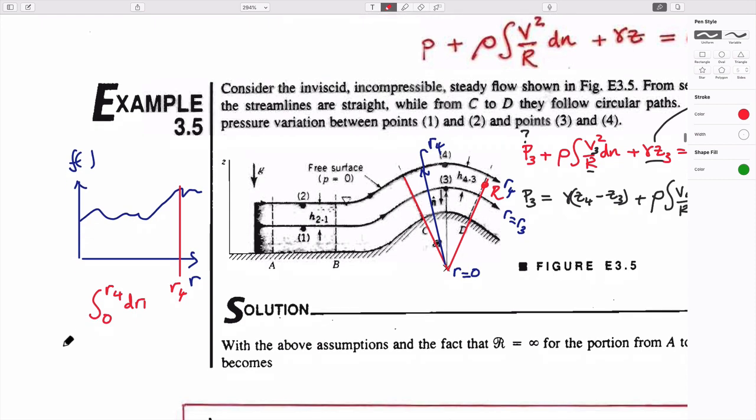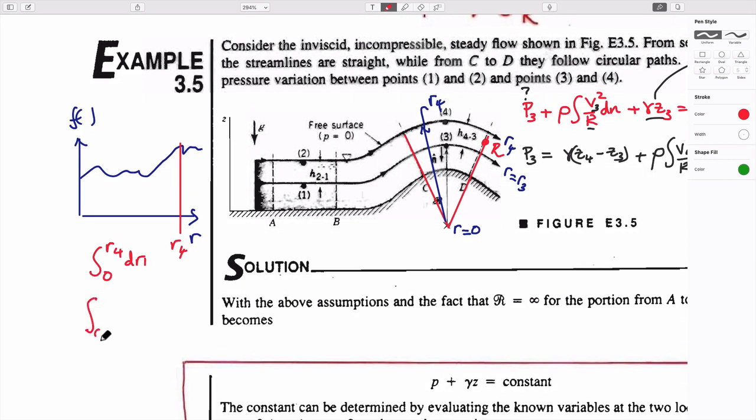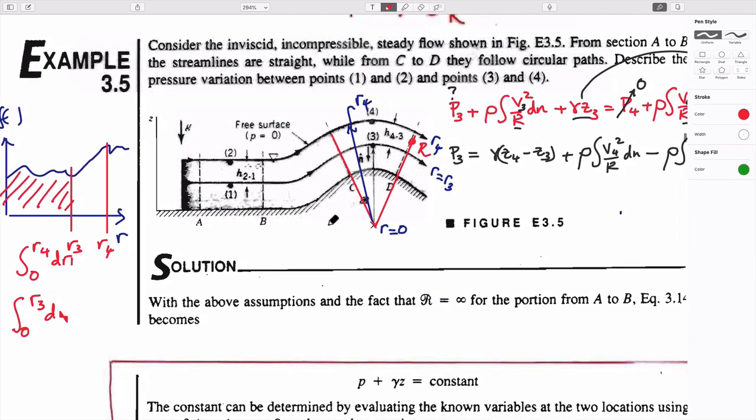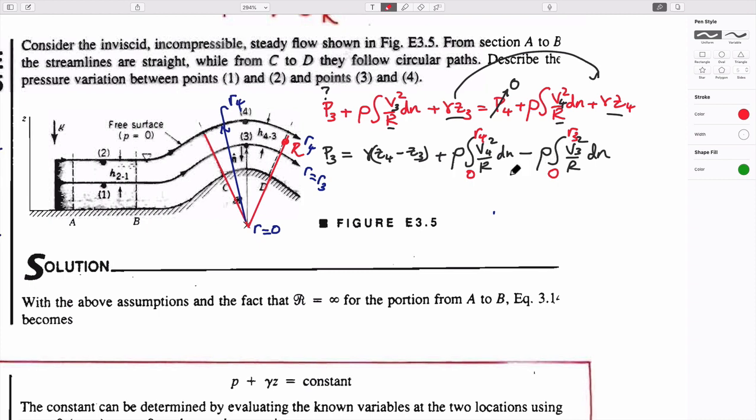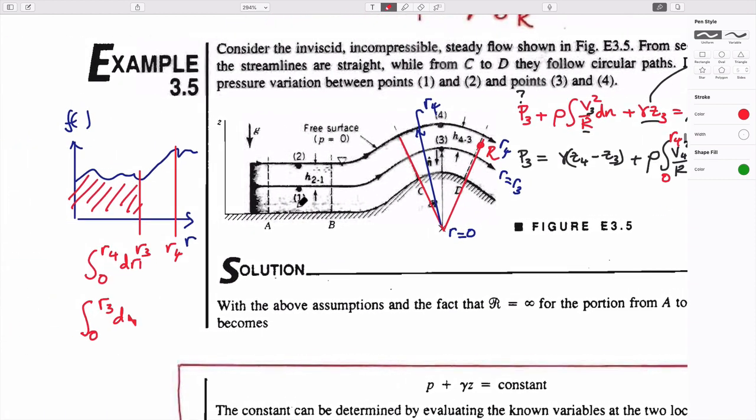So if you integrate from 0 to R3 dr, and this is R3, then that integral is just this area. So if you're subtracting an integral from 0 to R4 and an integral from 0 to R3, then the difference between these ends up just being this difference in this component here.